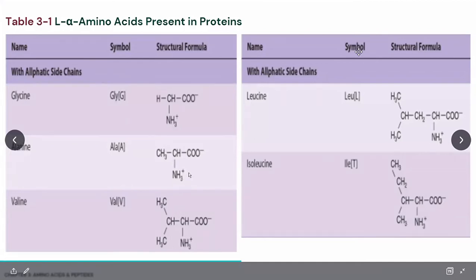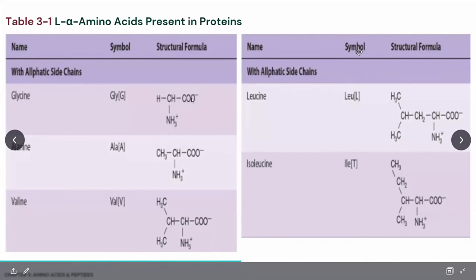You get it? Now, the carbons after the alpha carbon, they are now grouped as R group, or sometimes called the side chain. The side chain. So your amino acid has this configuration.